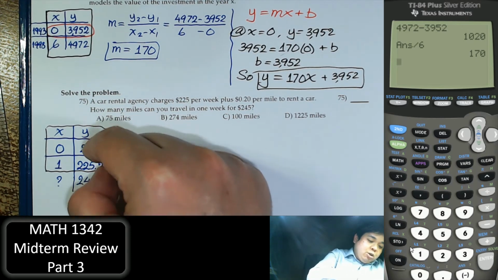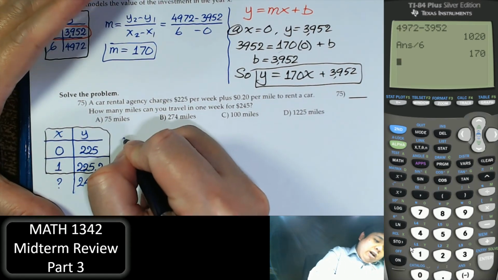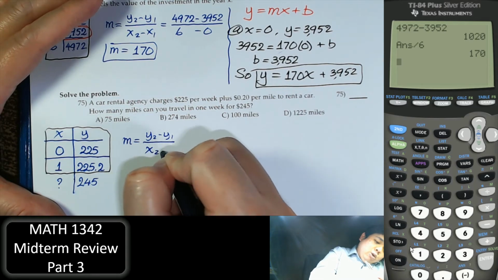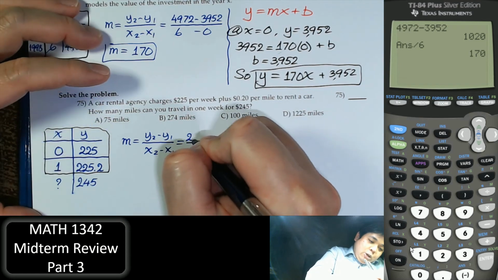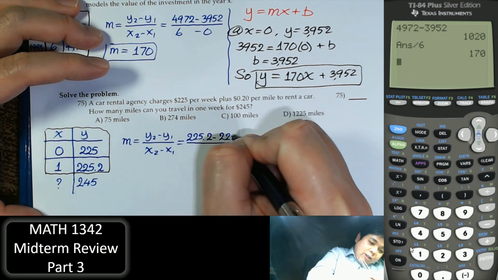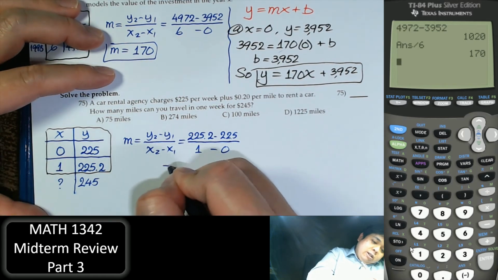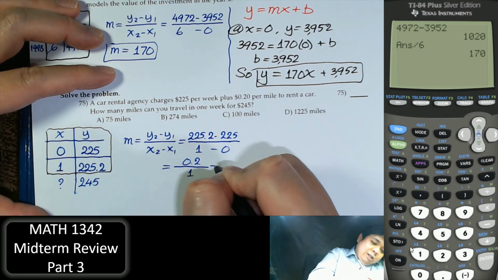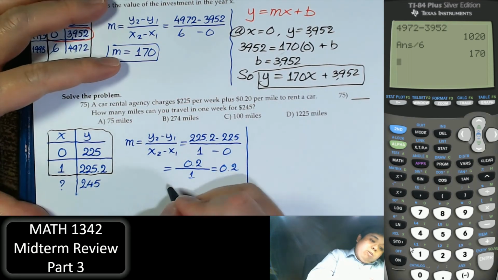So again, let's use these first 2 points to find the equation of the line. m equal to y2 minus y1 over x2 minus x1. 225.2 minus 225 over x2 minus x1. Subtract them, we just have 0.2. So m is 0.2.